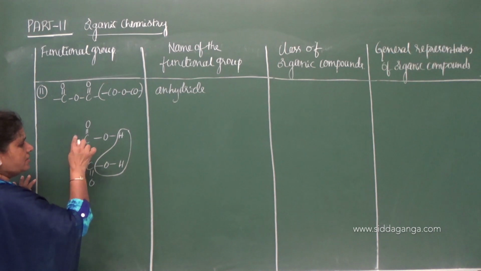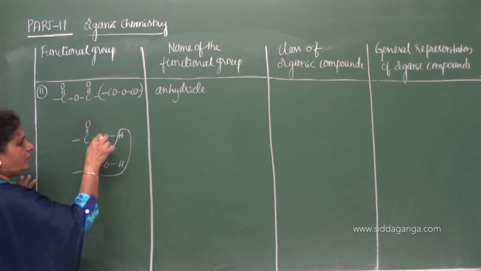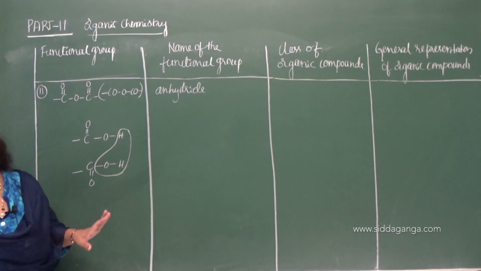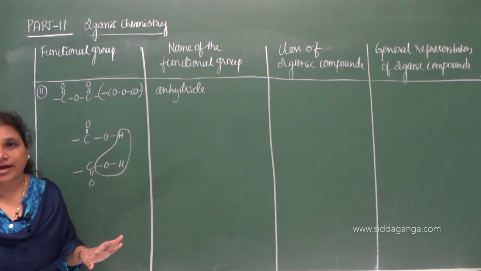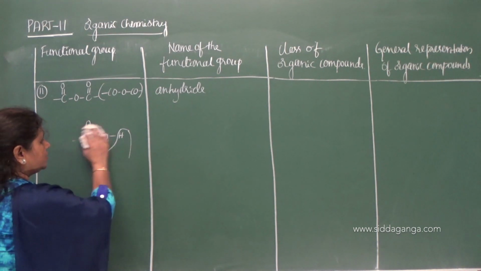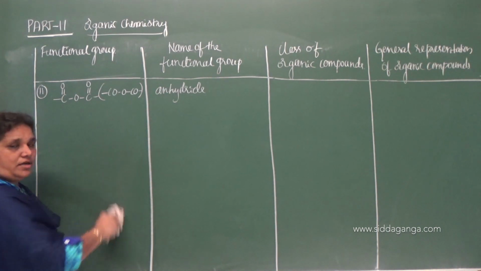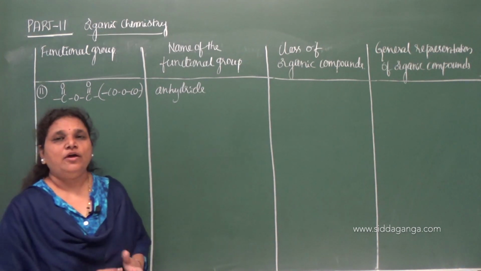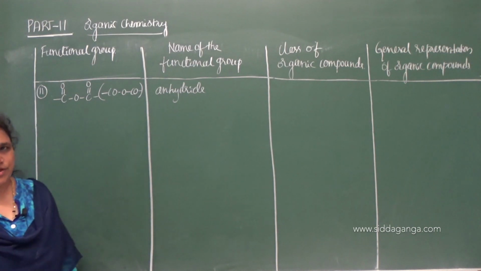What you get is C double bond O, O, C double bond O. This is called anhydride. Why is it called an anhydride? Because it is obtained by removing one molecule of water from two molecules of carboxylic acid. Therefore, it is anhydride.